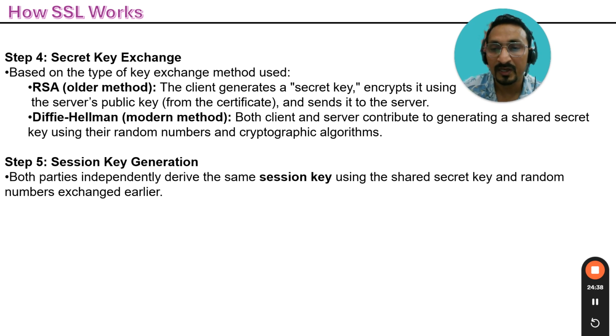Okay, if the key exchange algorithm is selected as Diffie-Hellman, which is a modern method, then the random number which the client has shared with the server and the server has shared with the client is used.